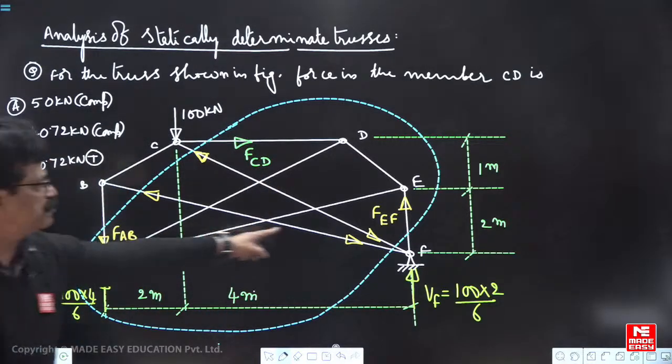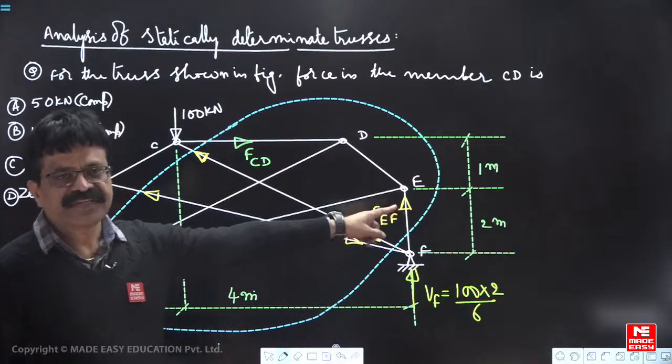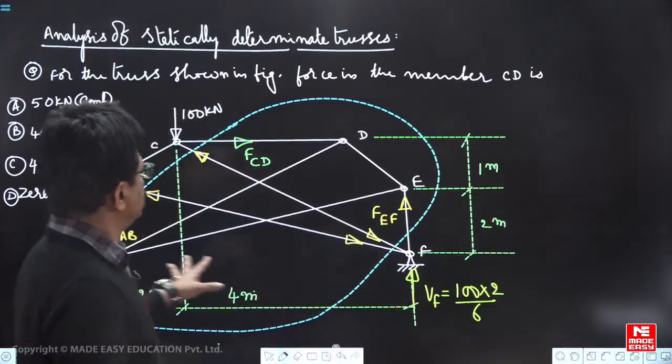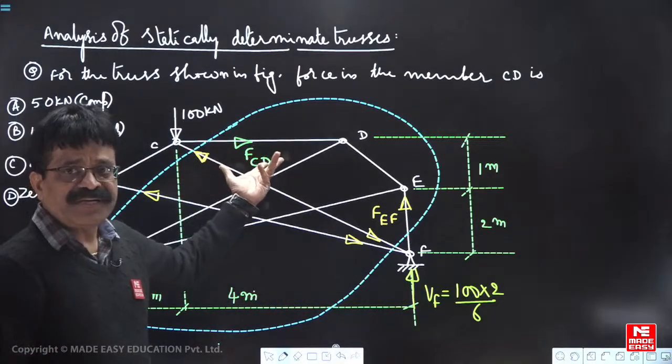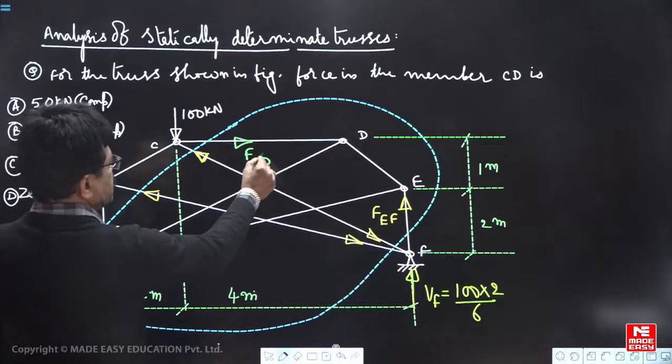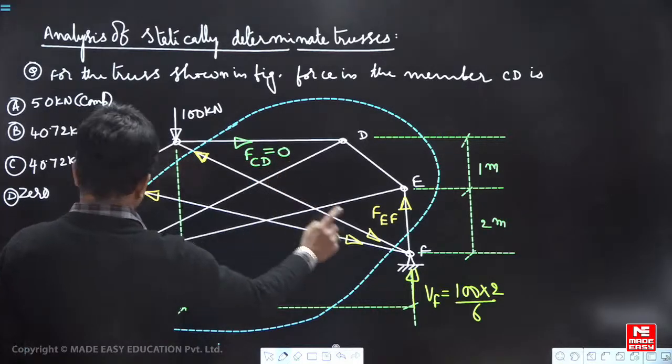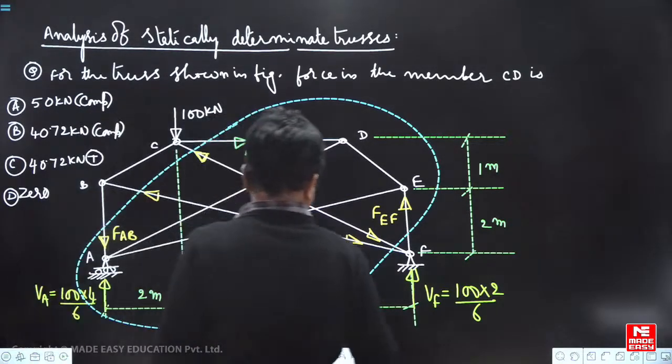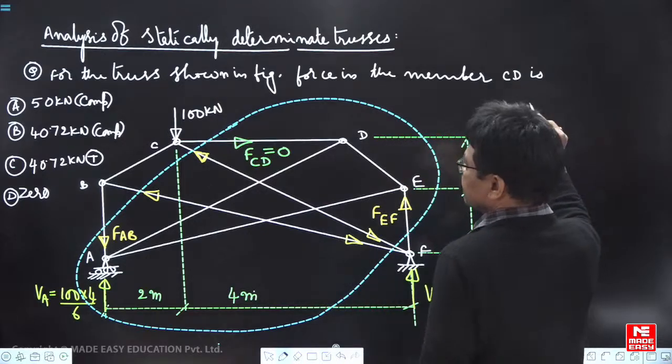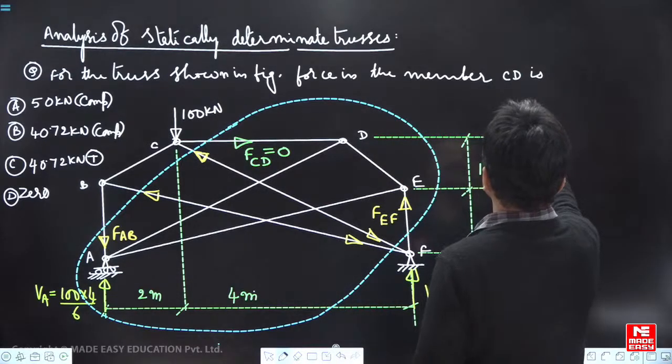See, these 2 vertical members have no X component. Then FCD, who will balance? Nobody is there. So FCD has no choice, it has to be 0, because I am writing sigma x equal to 0.